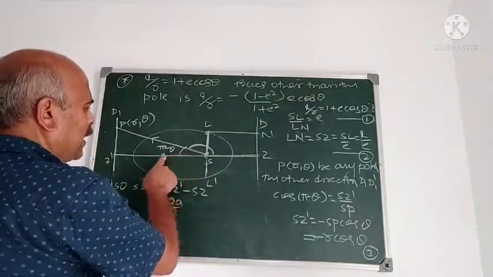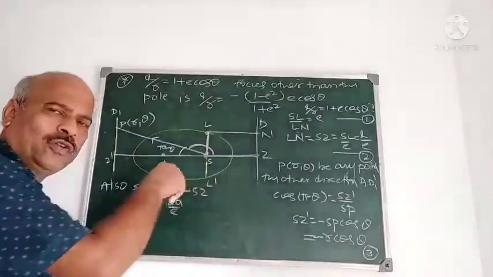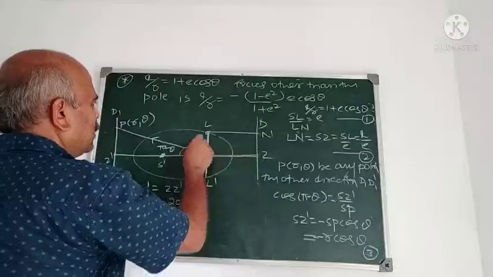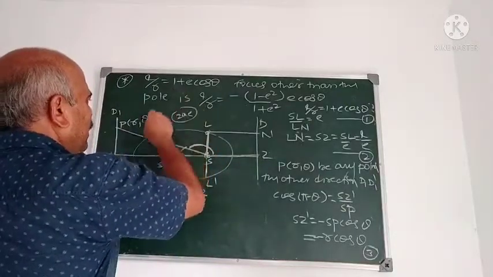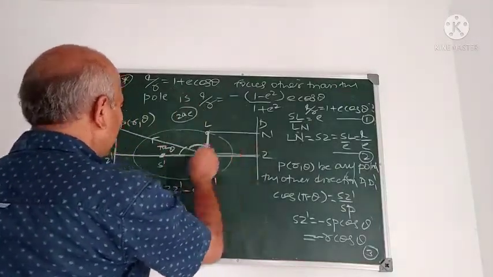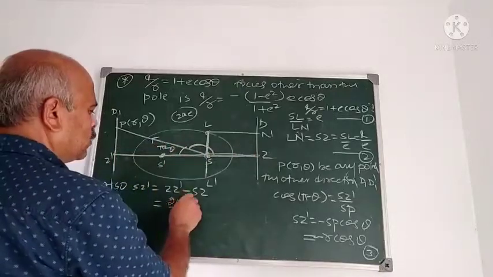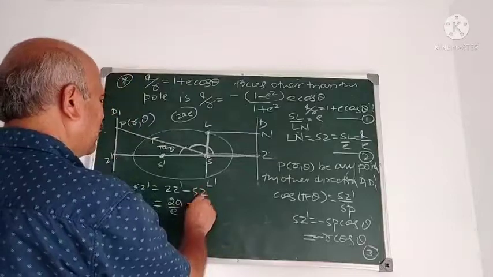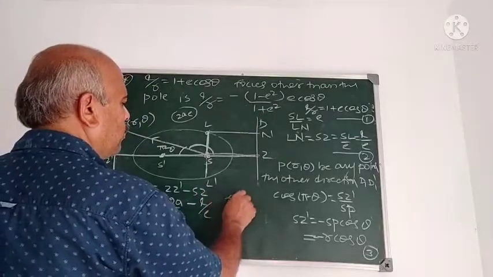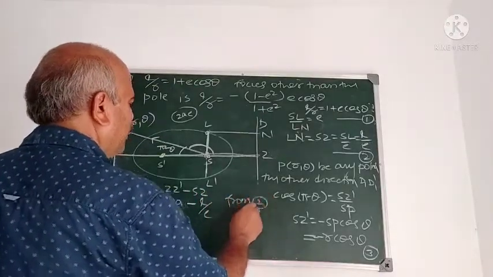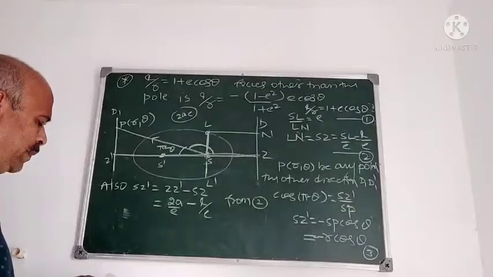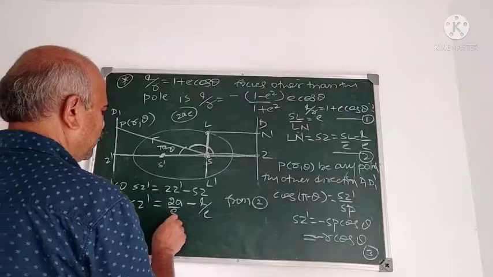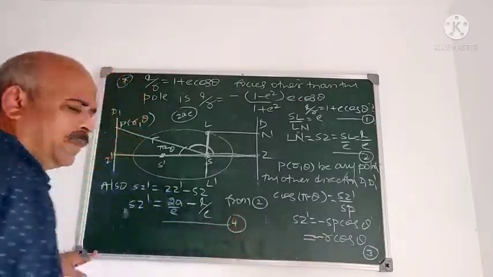The distance between the foci is 2ae. You have to remember all these results. The distance between the directrices ZZ dash is 2a by e, minus SZ. What is SZ? SZ is l by e. Therefore SZ dash is, take this as 4.